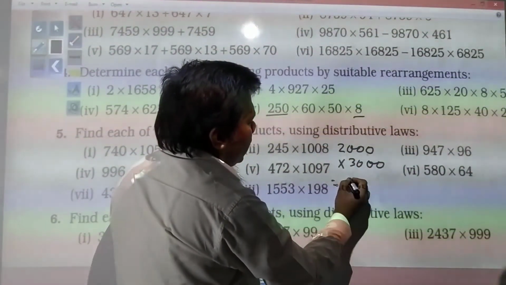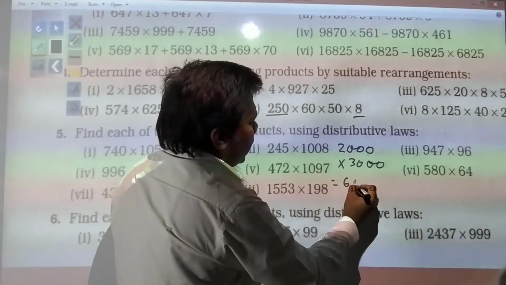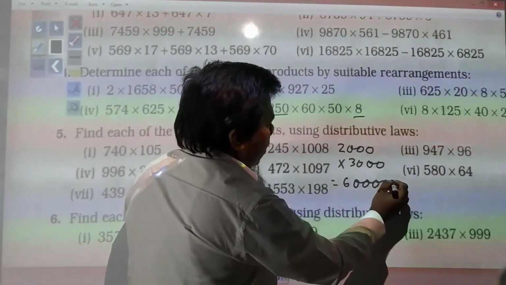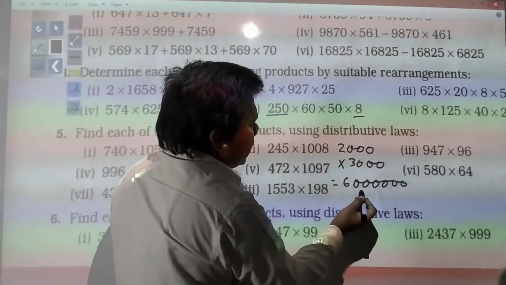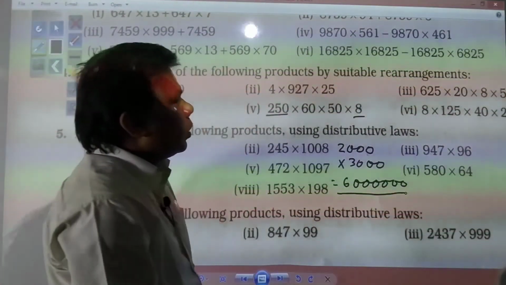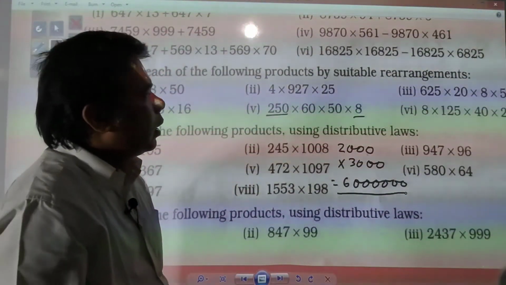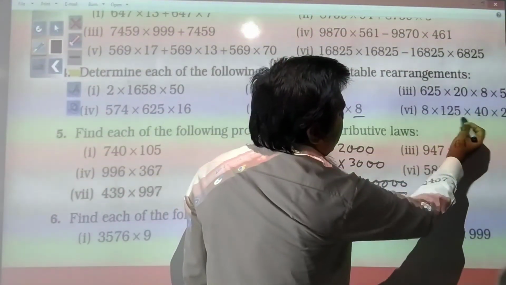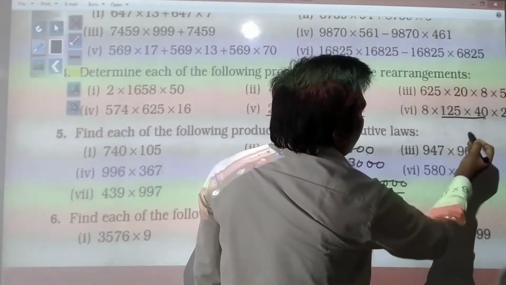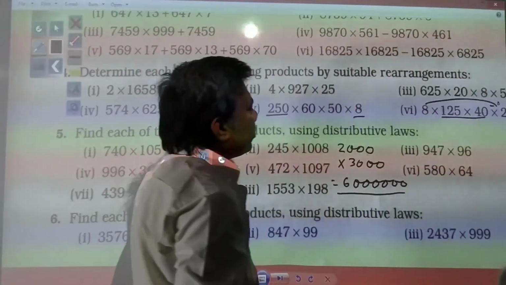Now you multiply 3 twos are 6 and 3 zeros you will be having, 6 zeros together, 1 2 3 4 5 6, and this will be your answer. So in this way this is required to be done. Either if you group this one or even this one, you just group this and multiply and you will get the answer.